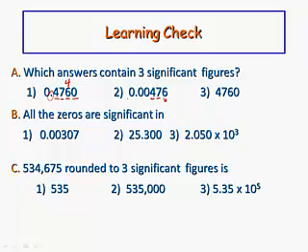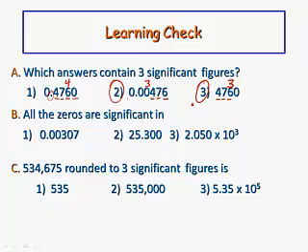So only the 3 non-zero digits are significant. Here we have our 3 non-zero digits, and this 0, it's a trailing 0, but there's no decimal point, so this is just a placeholder. So this one has 3. So the answer to this question would be the second and the third value have 3 significant figures.